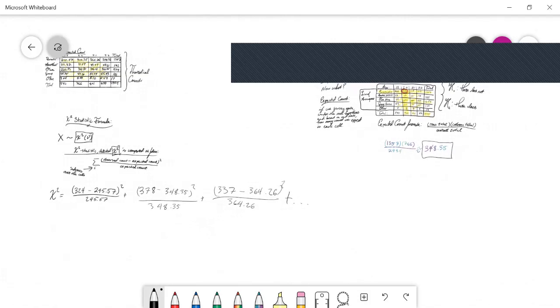So we would continue this process all the way through all the other ones, and we'd get down to other, where we'd have 9 minus 5.58 over 5.58, squared.